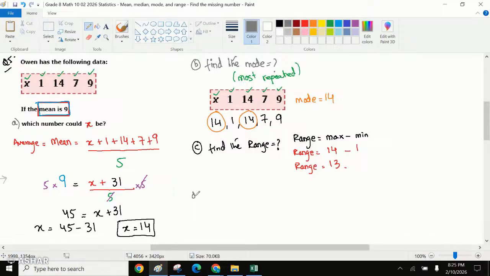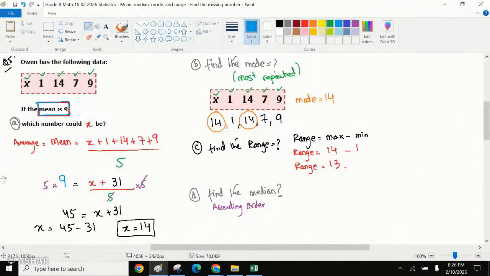Let's see another part, because we have 4 options. We had mean, median, mode, and range. So we can say find the median as well for this given information. In median, what we do is we do the ascending order. Okay, let's arrange these numbers in ascending order.